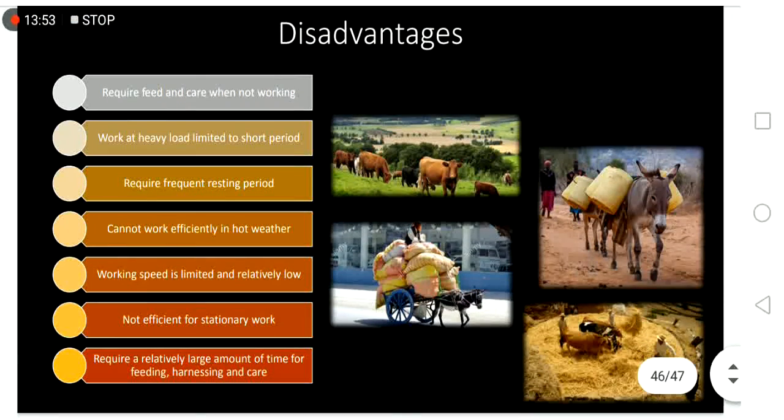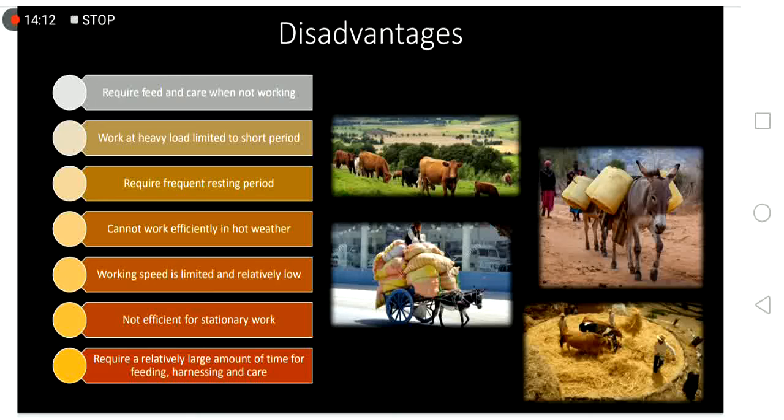Okay, so there are also disadvantages of using draft animals. Number 1, it requires feed and care when not working. Of course, they are living things, so you need to care for and feed them. Number 2, work at heavy load is limited to a short period.